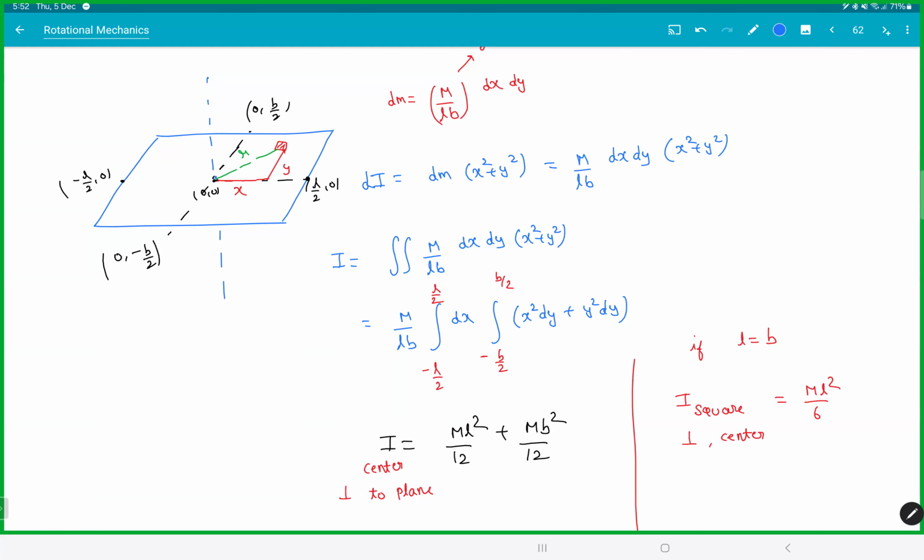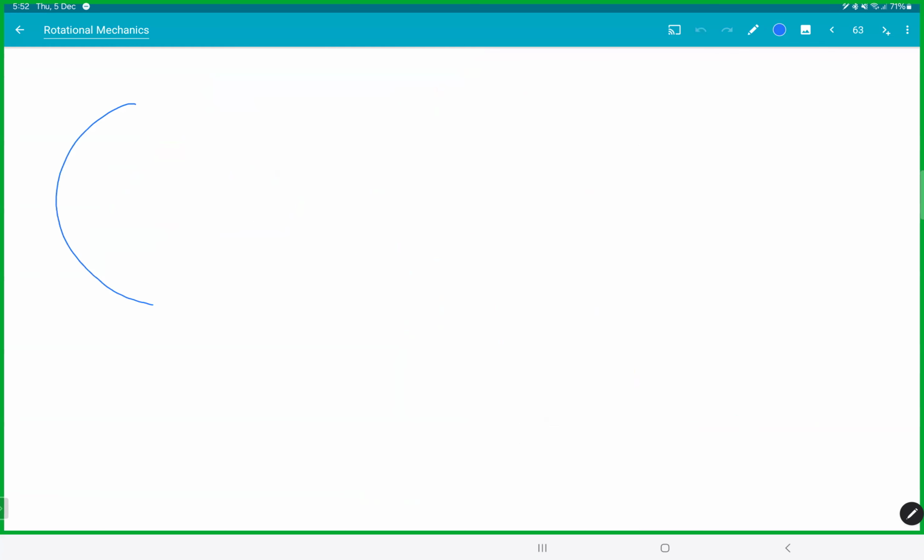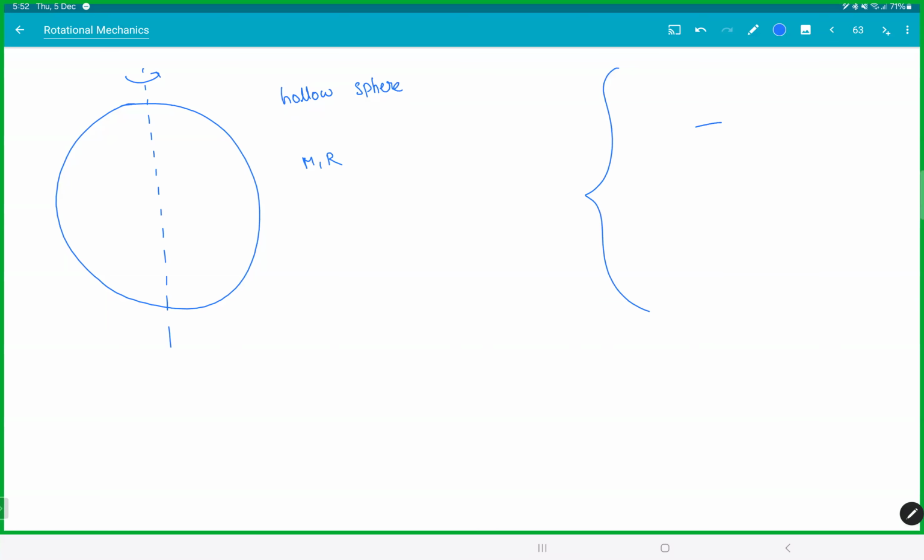Next one. The next one is a hollow sphere. How do you find the moment of inertia of this? Mass m, radius r. You need to know how to integrate, because in the exam they'll ask you like this.